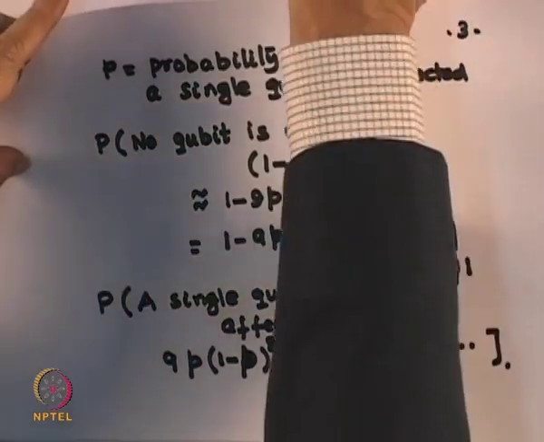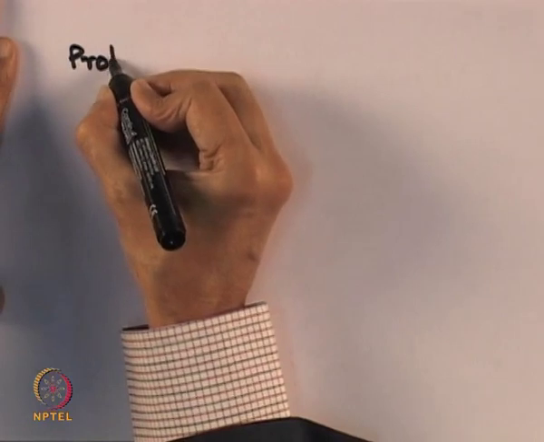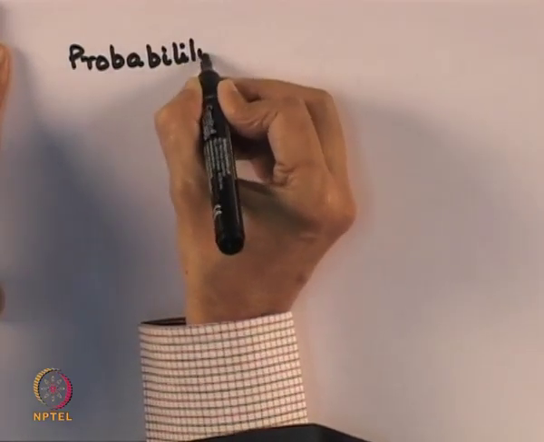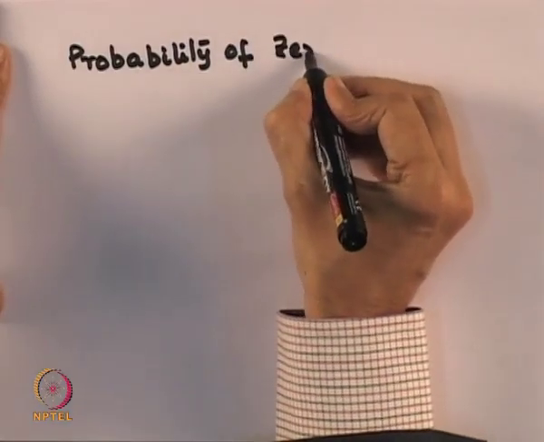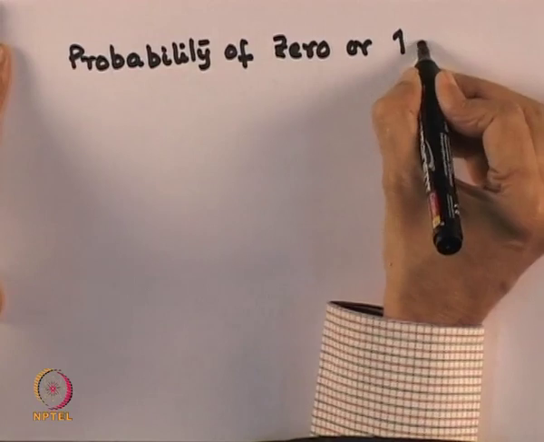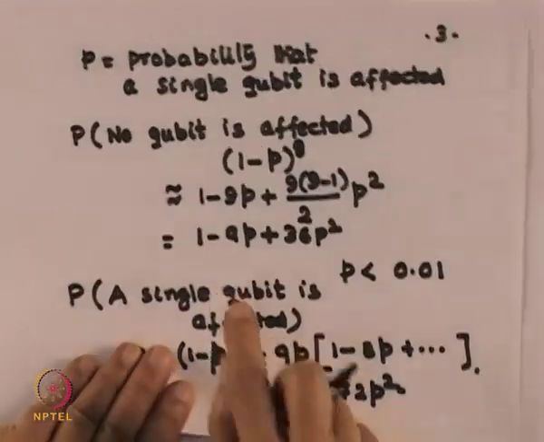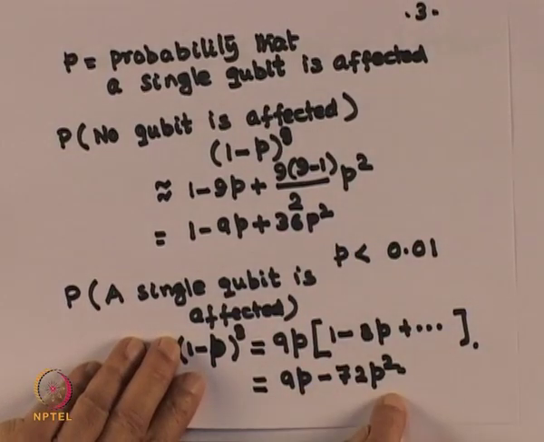So if you now try to find out the probability that I have either 0 error or a maximum of 1 error, it is simply obtained by adding up these two. So I had here 1 minus 9p plus 36p square, and I have 9p minus 72p square.